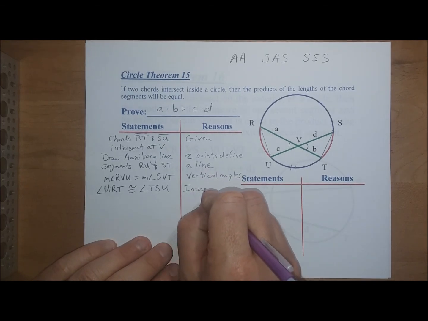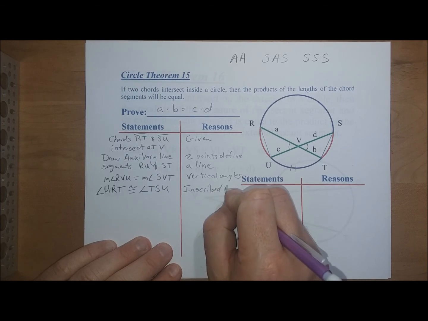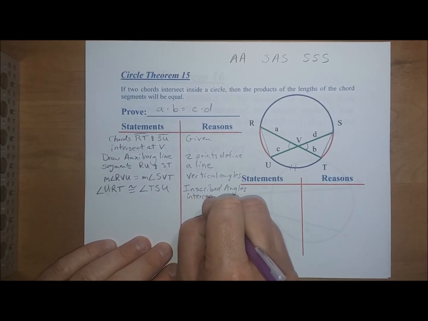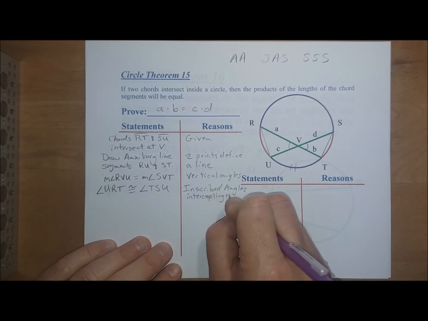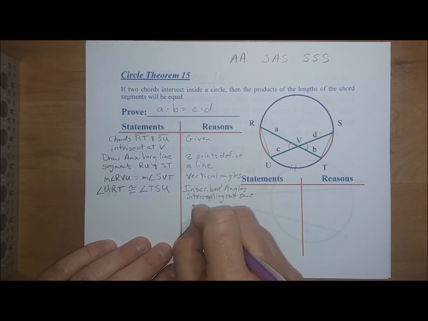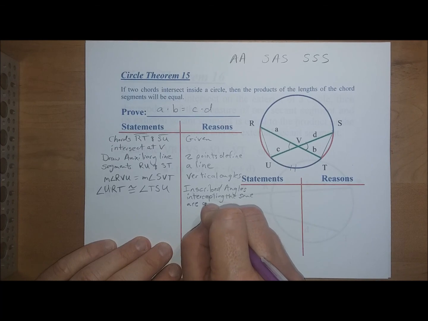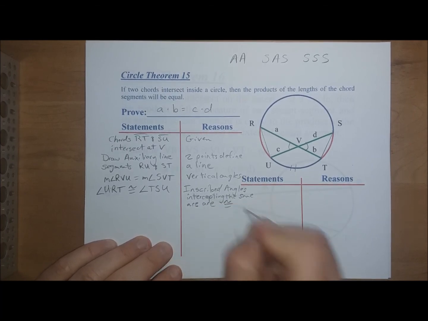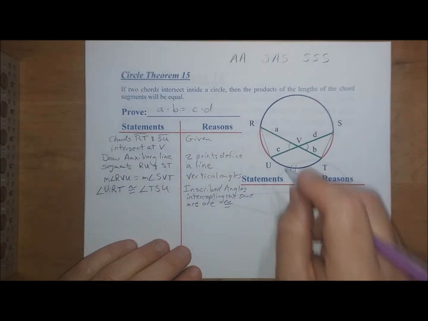Okay, so inscribed angles intercepting the same arc are congruent. Good. I'm going to go ahead and mark that.